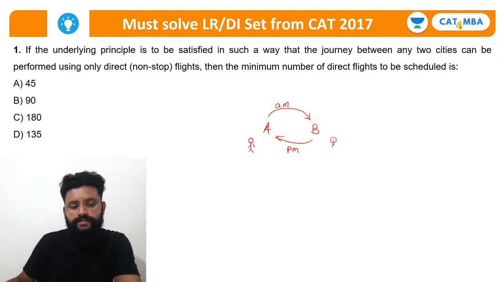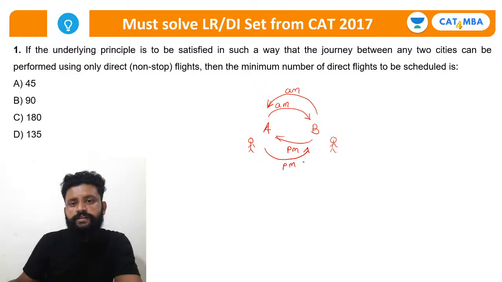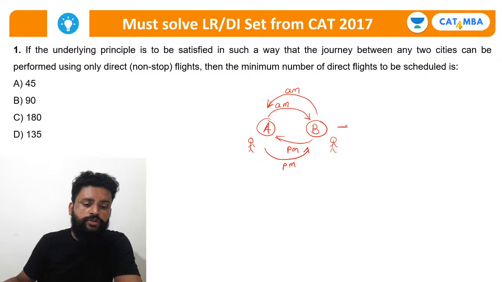At the same time, a person from B should also be able to travel in the morning from B to A. So A to B and B to A, they will require two flights in the morning. At the same time will require two flights. So to connect any two cities, you understand first thing, you require 4 flights, at least 4 direct flights.